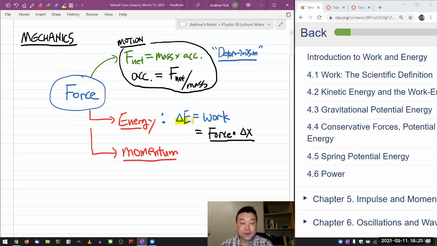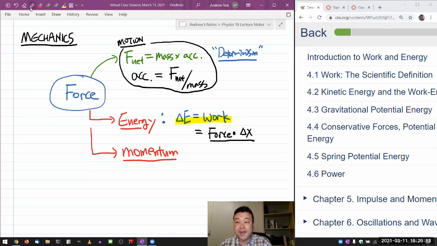So my own preference is to just not define energy, but leave it as a quantity that we define so that it is conserved, with formulas for gravitational potential energy, spring potential energy, and other kinds of energy later on.